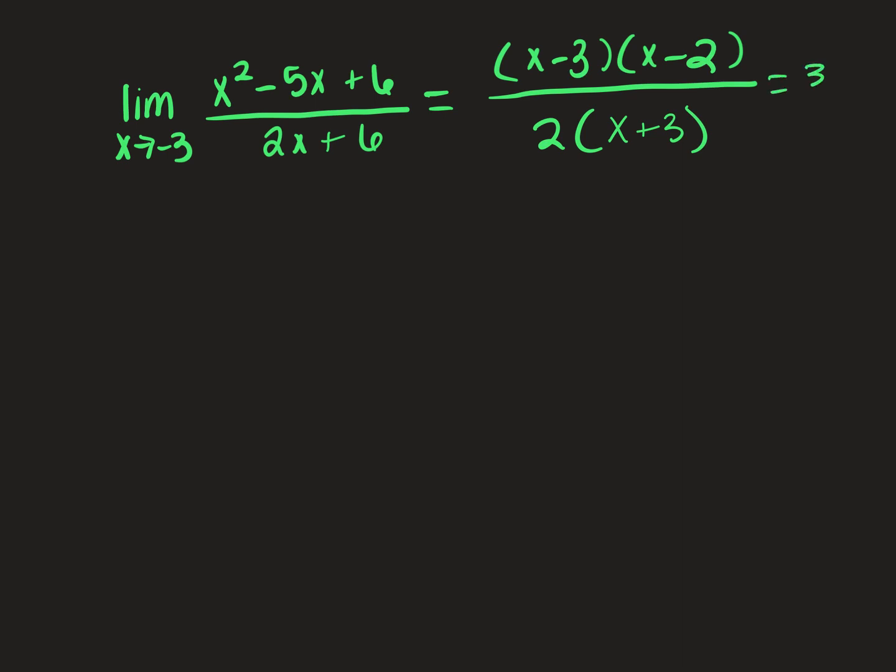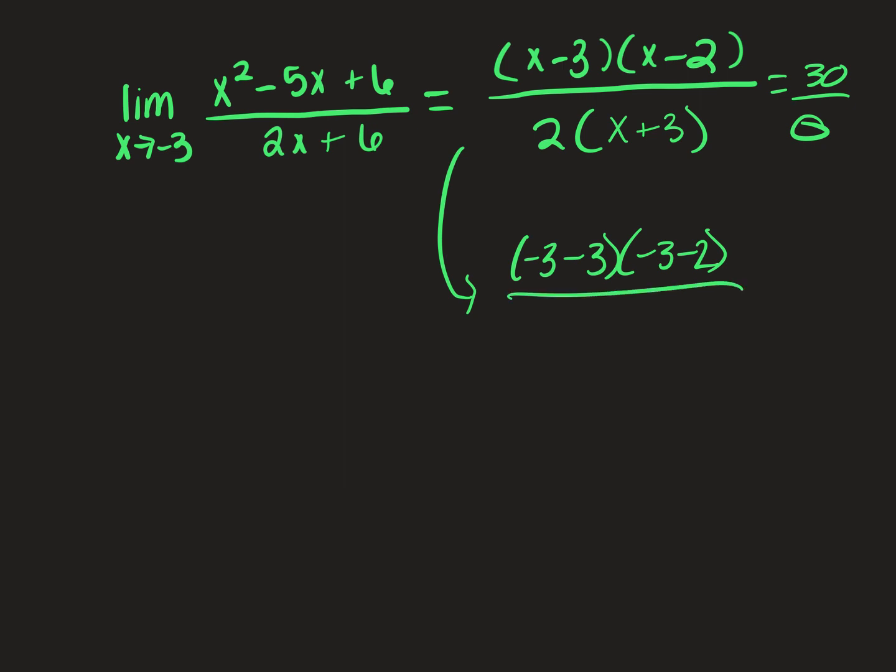Right. So then we get 30 over 0. How did we get to 30 over 0? We didn't cancel. Plug in the numbers. Plug in the negative 3, right? So you get negative 6 times negative 5, which is positive 30, over 0, because that's 0.